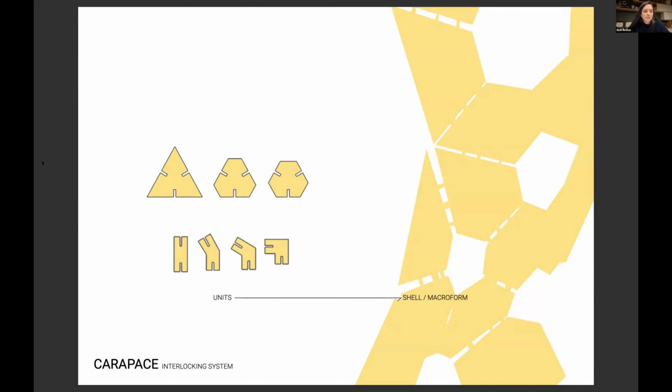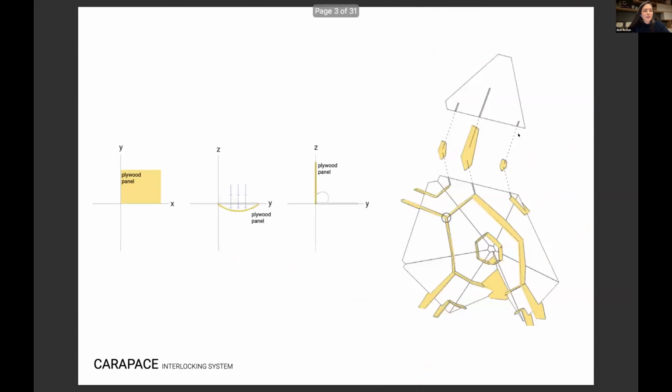After several different trials of materials, instead of using a secondary material to attach plywood units, we decided to use the material itself as the connector. Plywood is found as 2-dimensional panels. When the plywood surface gets bigger in the XY plane like this, it becomes bendable in the Z direction.